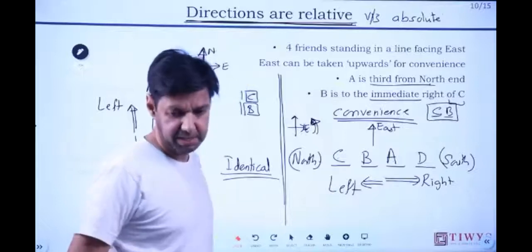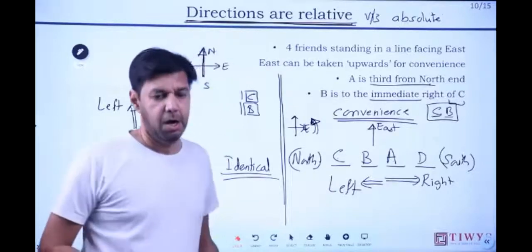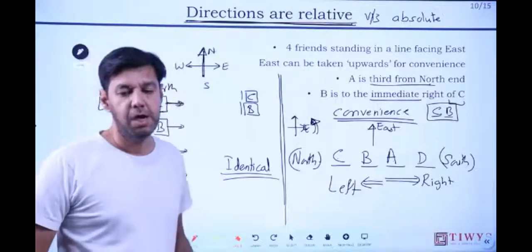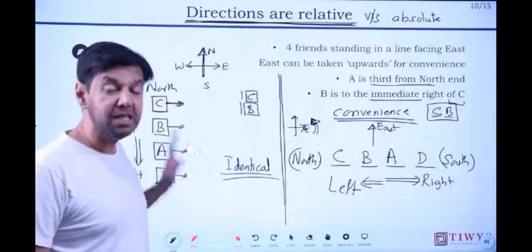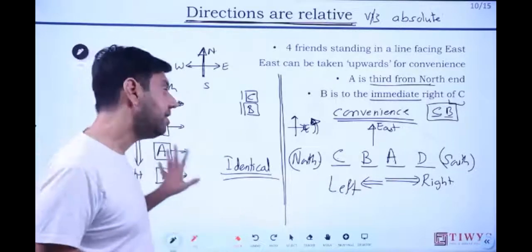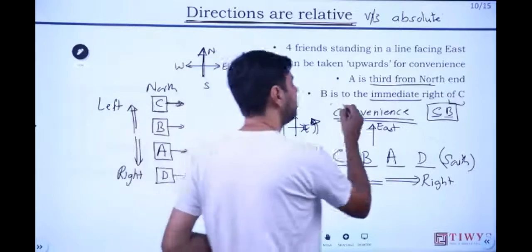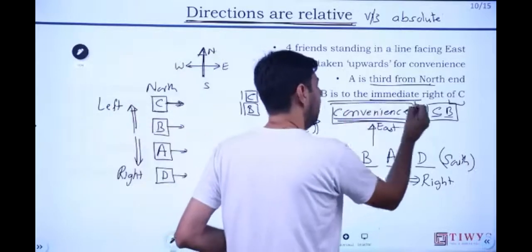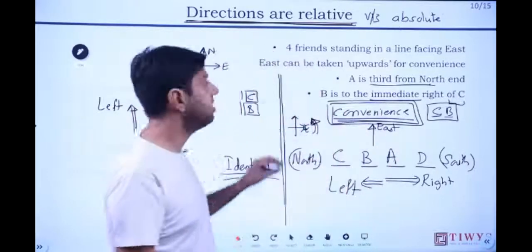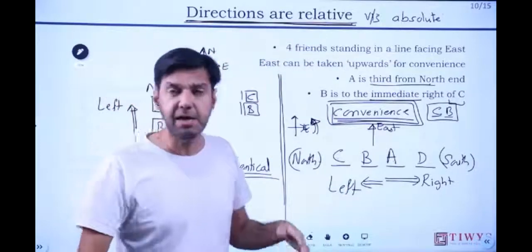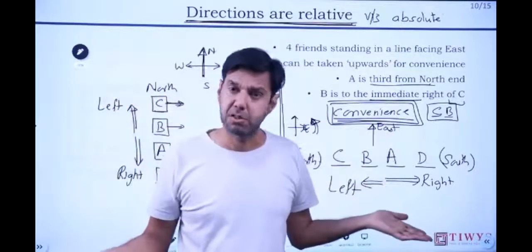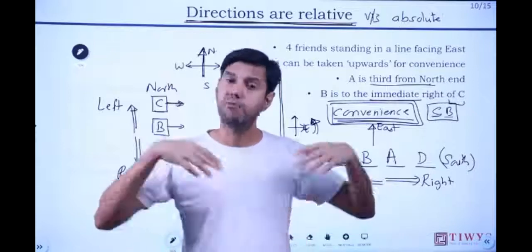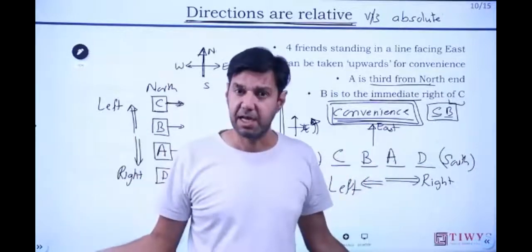Yes, so please, yes, I heard someone asking a doubt, is it okay. So students, when things get tough, I am going to use this convenience factor, I'm going to go ahead when things are not clear, and this aspect that I can take whichever direction I want as north, south, east, west, I can take whichever side that I want as right and left.